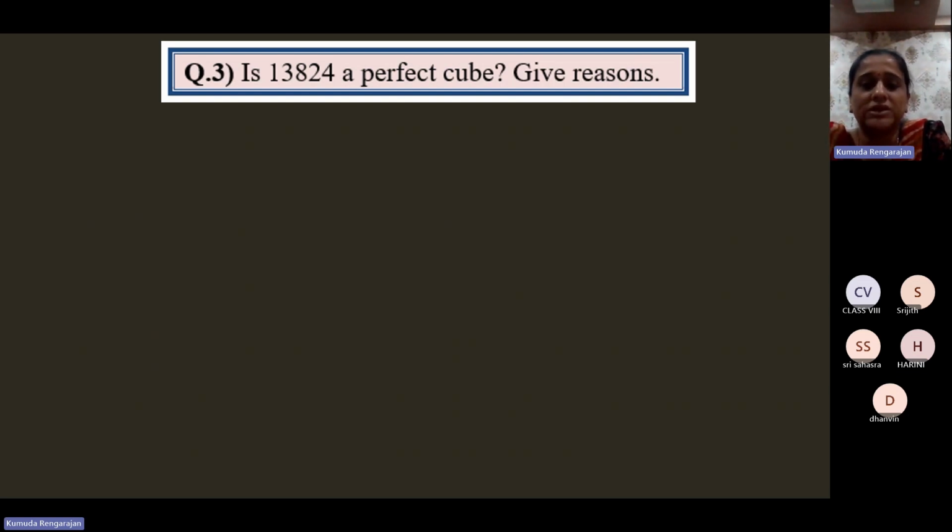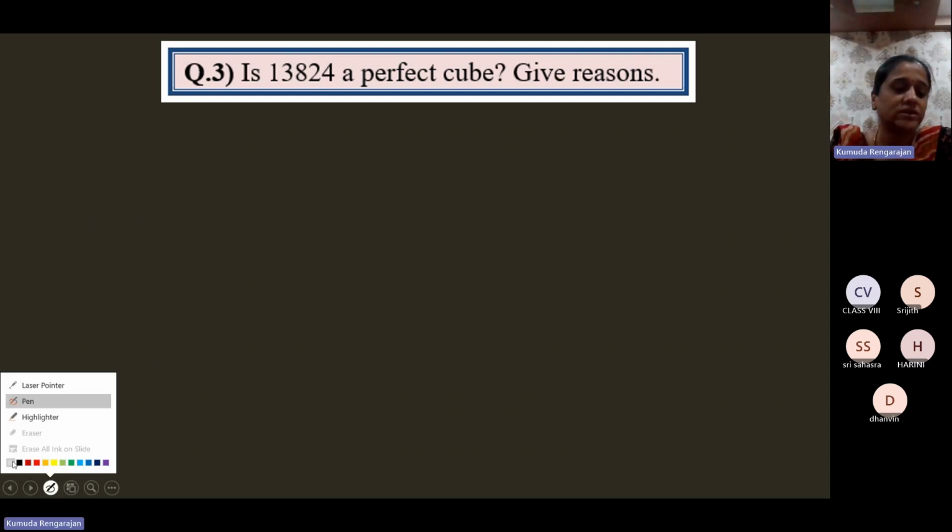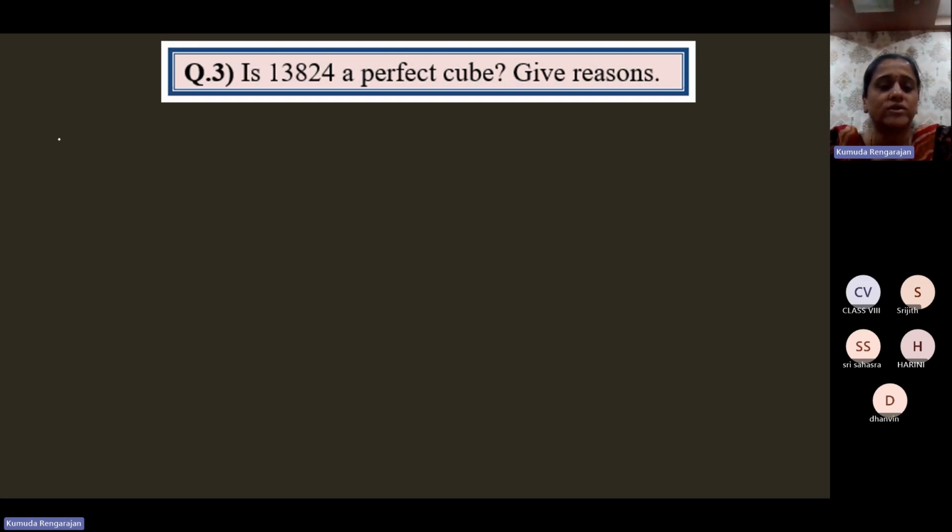Is 13,824 a perfect cube? Give reasons. Again, get started. Write the question. Work the prime factorization of 13,824. Write the question first.